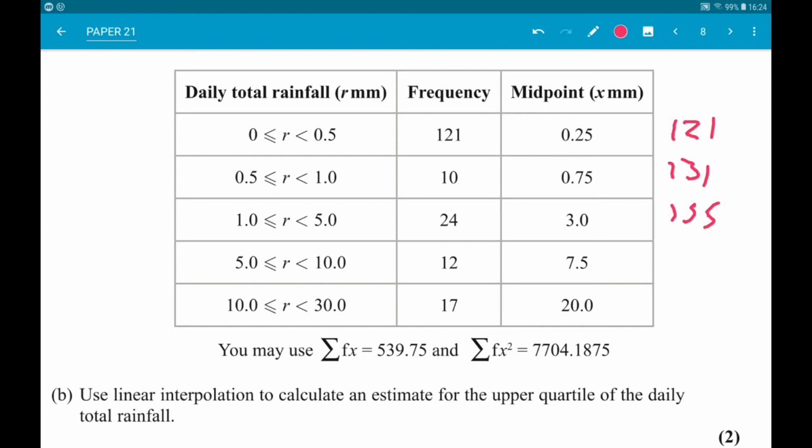So, we know the upper quartile is 1 plus something. We'll work that out in a moment.